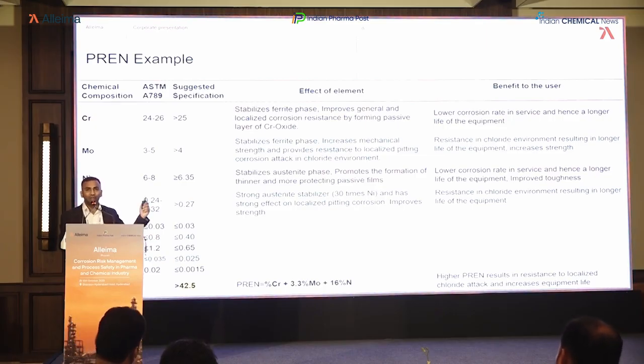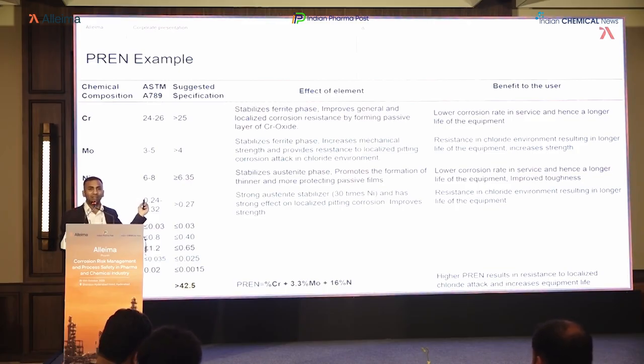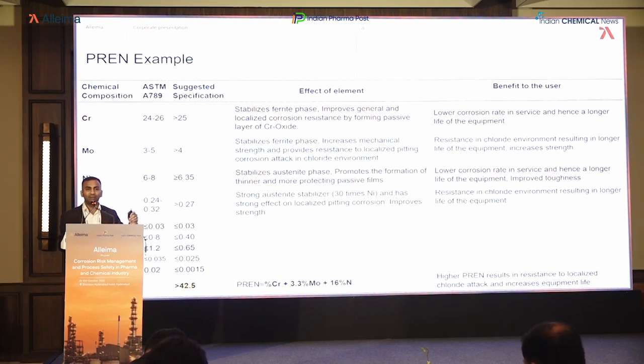Being the inventor of this material, we know how the stabilization of this material is done. This is a duplex grade, with ferritic and austenitic phases. The phase balance is very important in this material. Chrome and moly stabilize the ferrite phase, and nickel and nitrogen stabilize the austenitic phase.